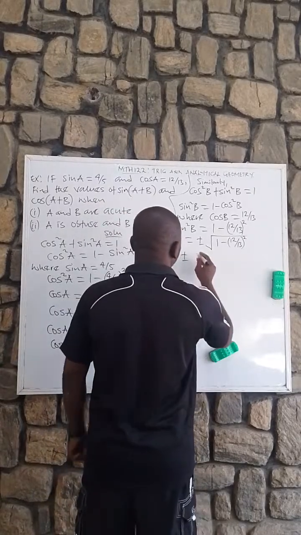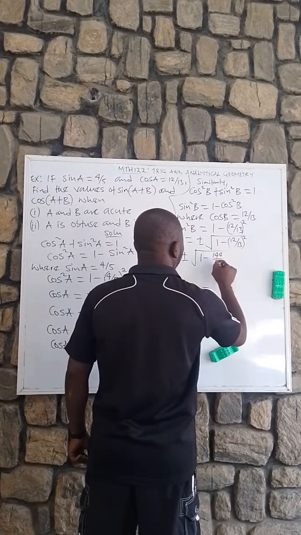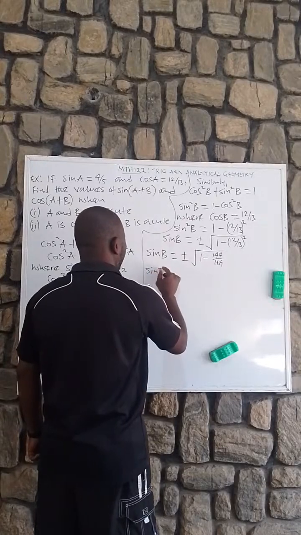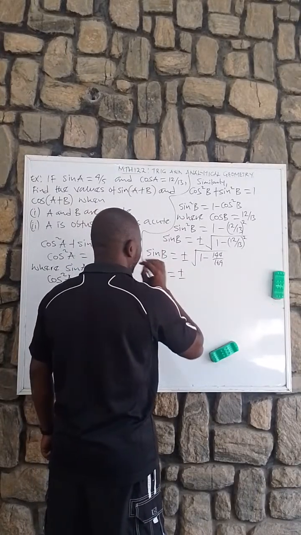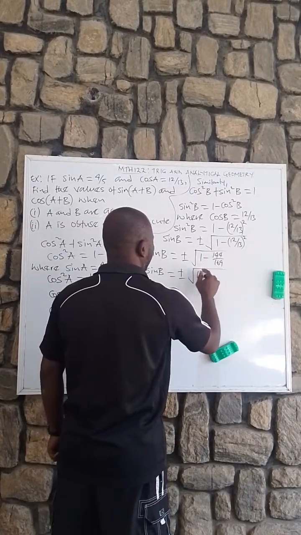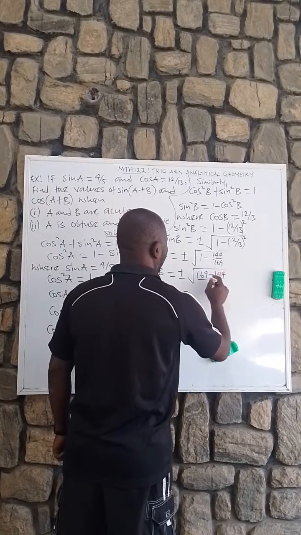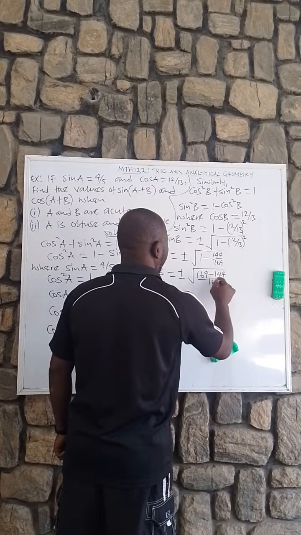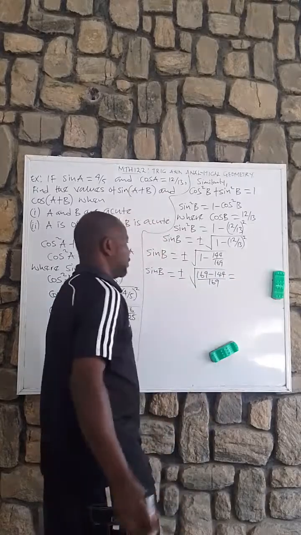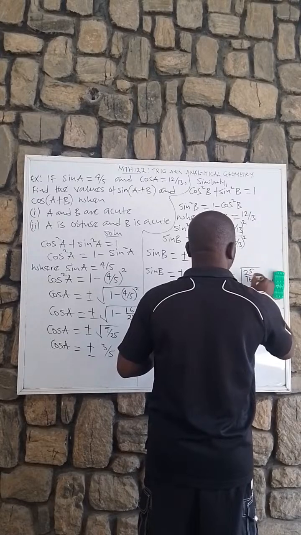So here we now have the square root of 1 minus 144 all over 169. Then we take the LCM. Our sine B is equal to plus or minus the square root of 169 minus 144 all over 169. Then this is the same thing as the square root of 25 all over 169.